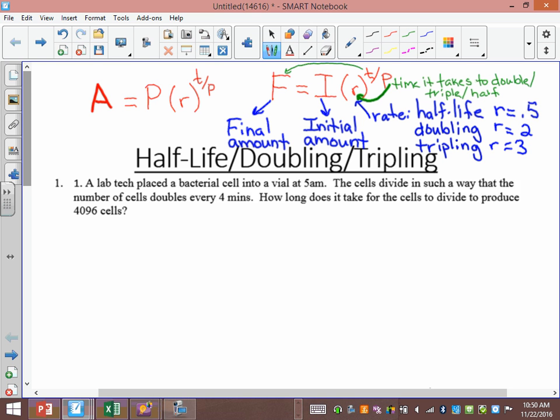So it's time to reach final amount. That's an F for final. Final amount. It's hard to write on this one. Time to reach final amount.